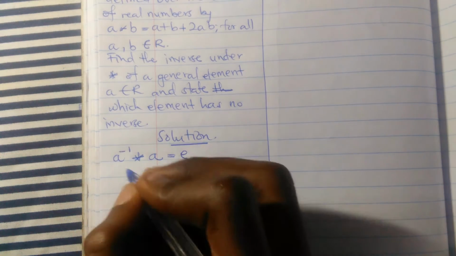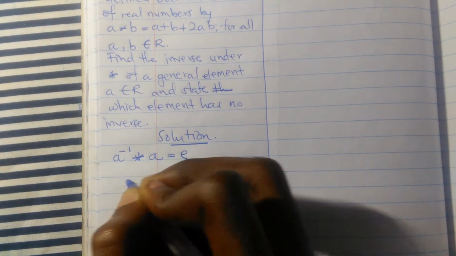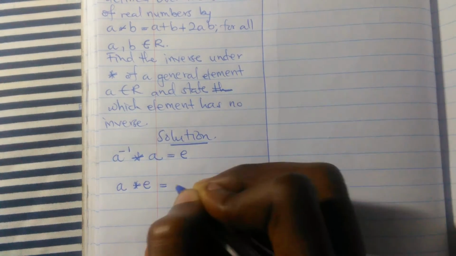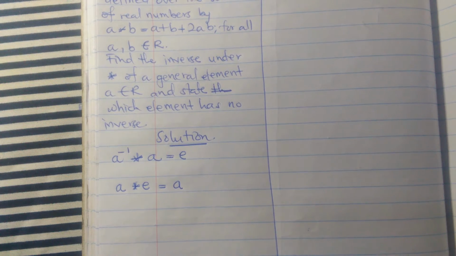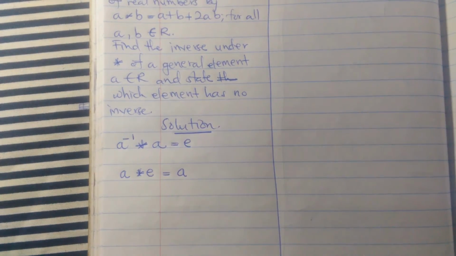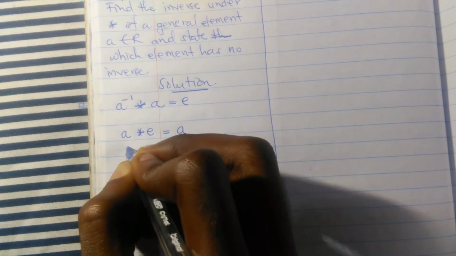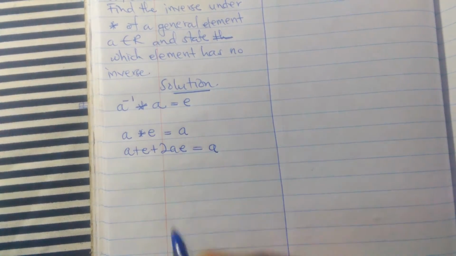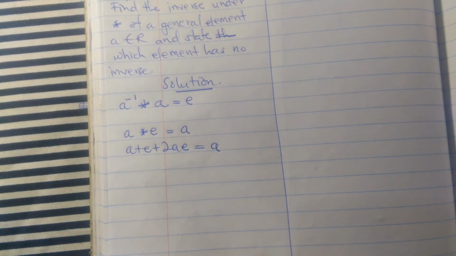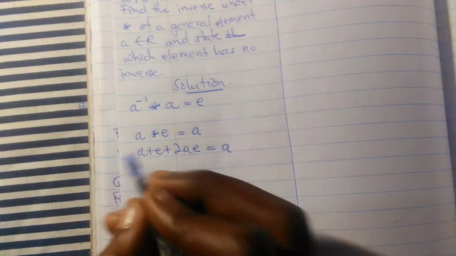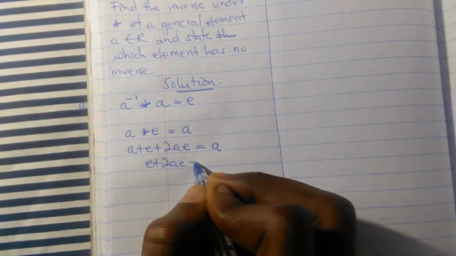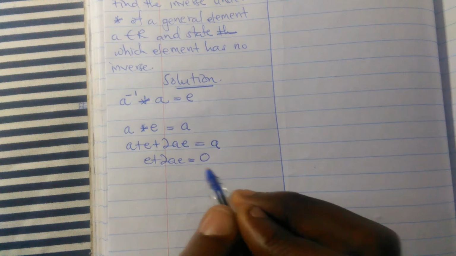So now we know that the general element A star the identity element should give us back the general element A. Solving this, from the rule, this will give us A plus E plus 2AE to be equal to A. Then moving the A to this side, we get E plus 2AE equal to 0, since A minus A is 0.